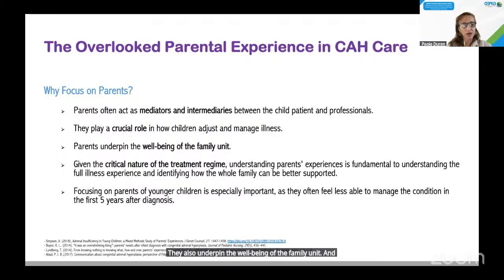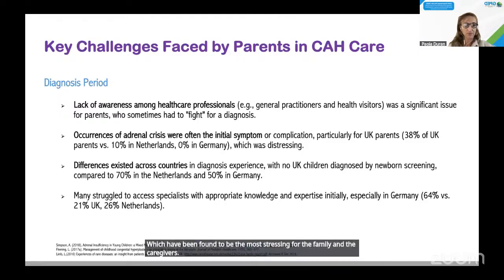Given the critical nature of the treatment regimen, if we understand how the family lives it and how the illness is experienced by them, we will be much more able to support them and to give them the information they need. It is also very important to focus on the first 5 years after diagnosis, which have been found to be the most stressful for the family and the caregivers.